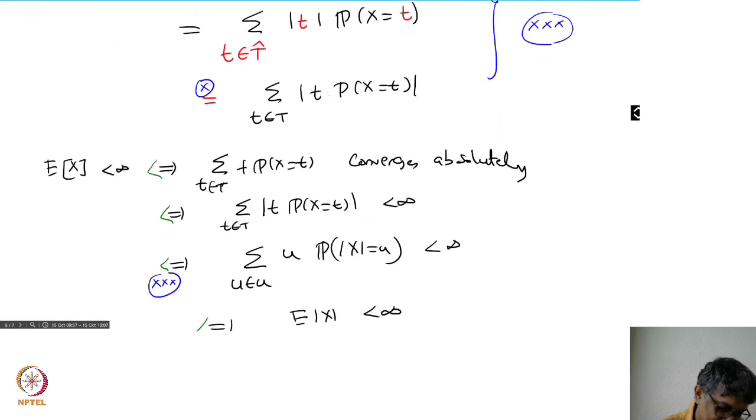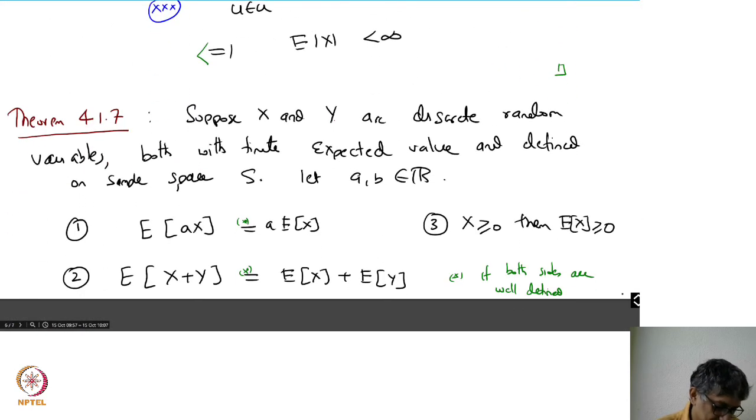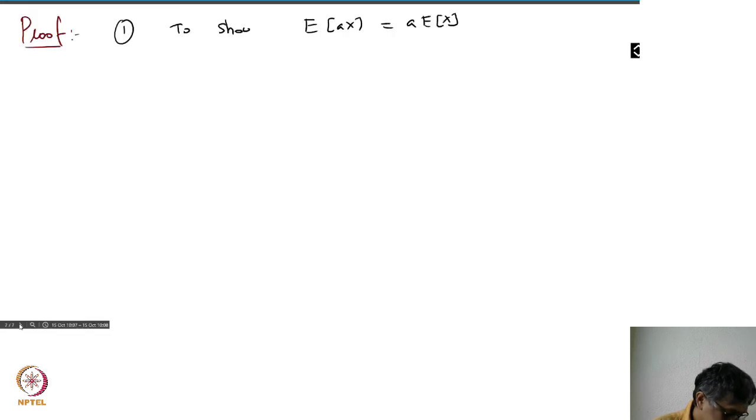Here I've said that both have finite expectations. That means I'll just say both sides are automatically well defined, and it also comes with the equality. So first thing I have to observe is that E of X is finite by assumption.